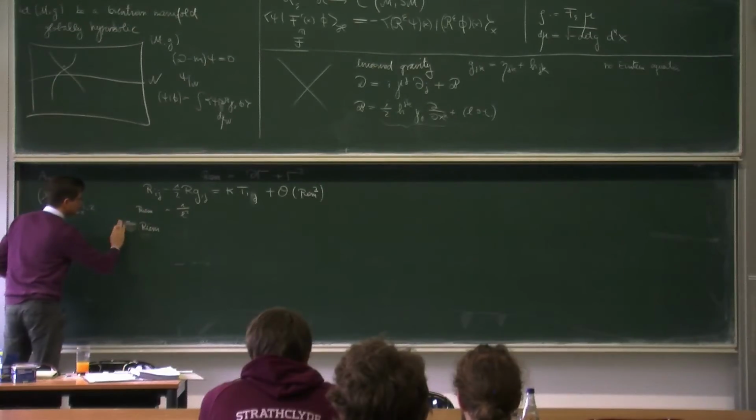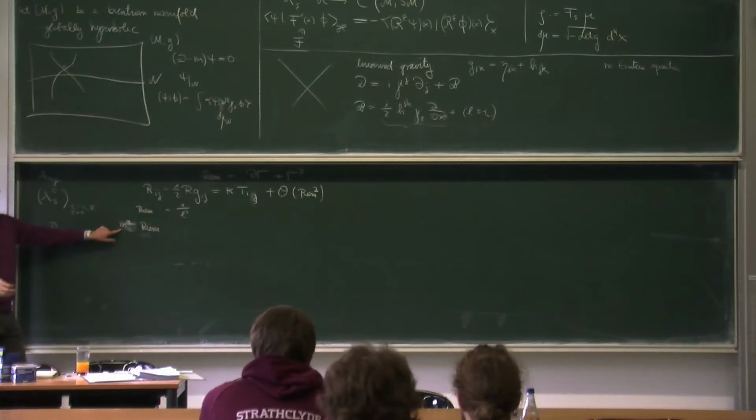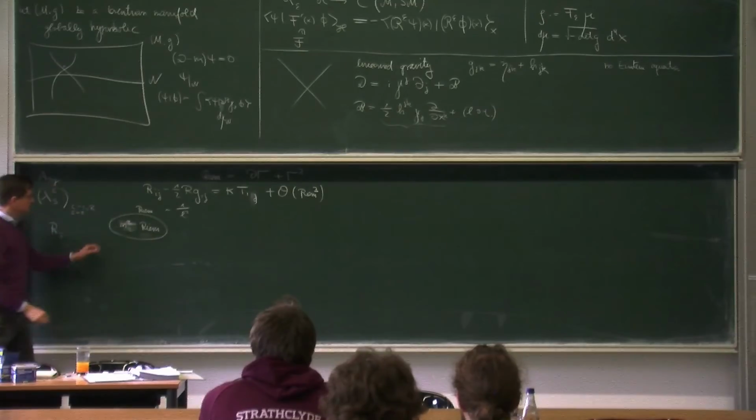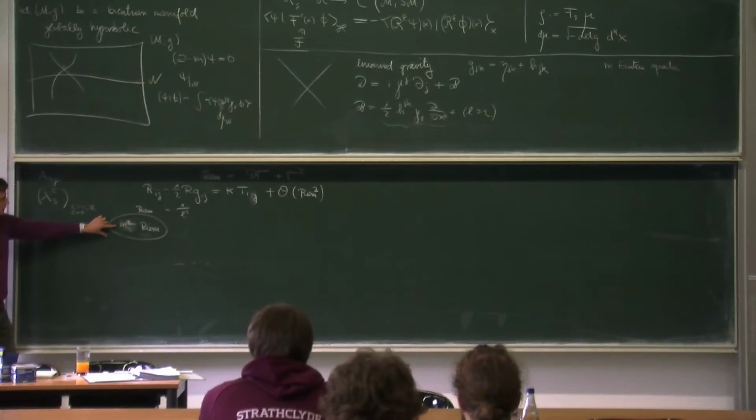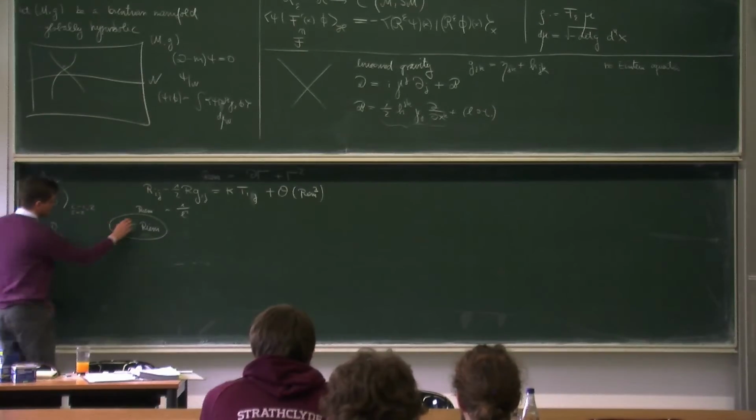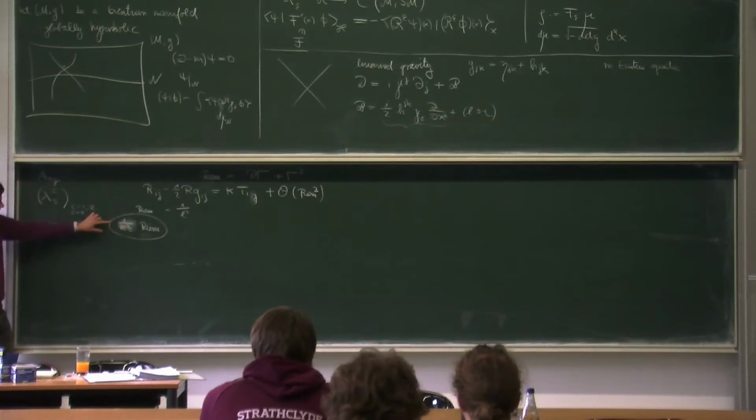This would be, for example, m squared, where m is like the masses which come up. No, sorry, I made it wrong. It must be 1 over m squared. m has dimension 1 over length and the Riemann has 1 over length squared. So this would be a reasonable correction term.